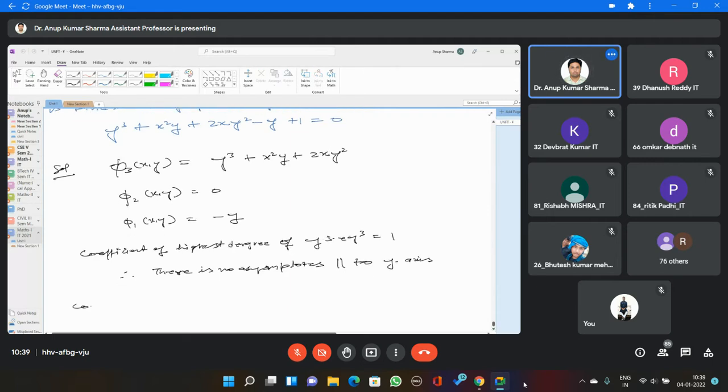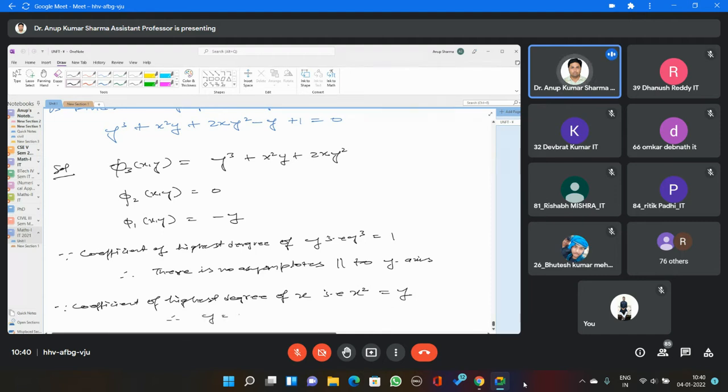Similarly, you can write: coefficient of the highest degree of x, that is x square, is equal to y.